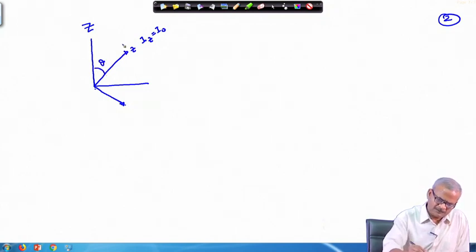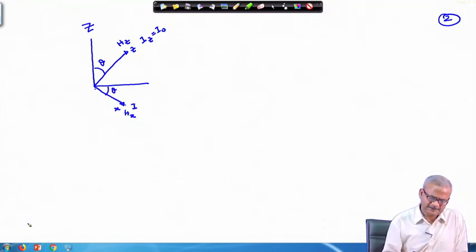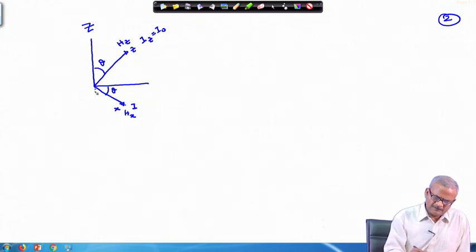Okay. So, along this you have h z, the component of the angular velocity, along this you will have h x, and the moment of inertia along this axis is I, this is your small x axis, this is theta, and the y axis is perpendicular to this. So, this is going into the page.